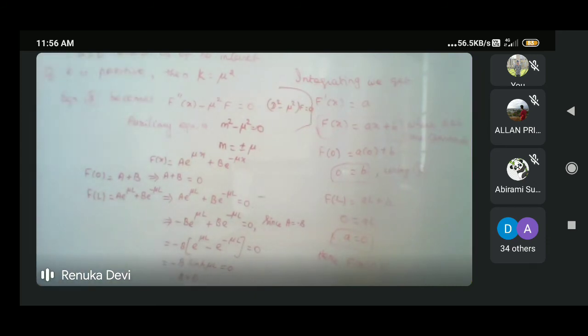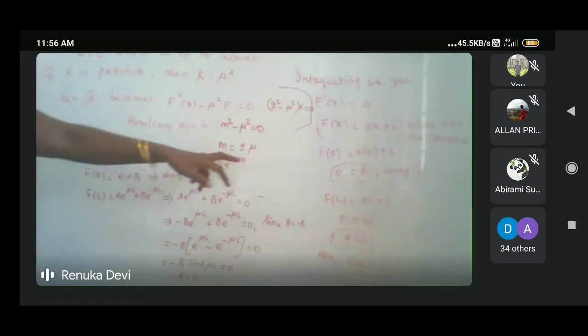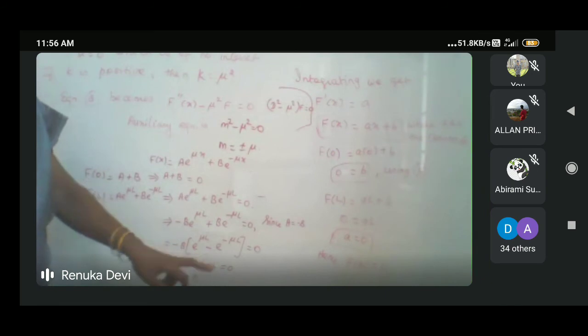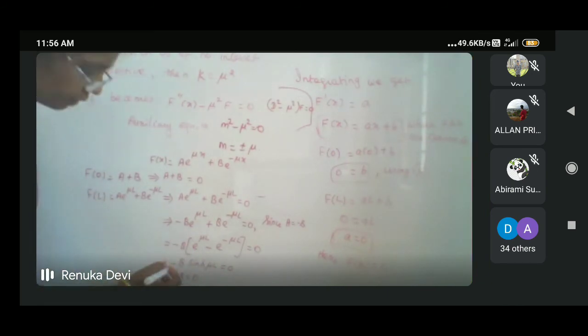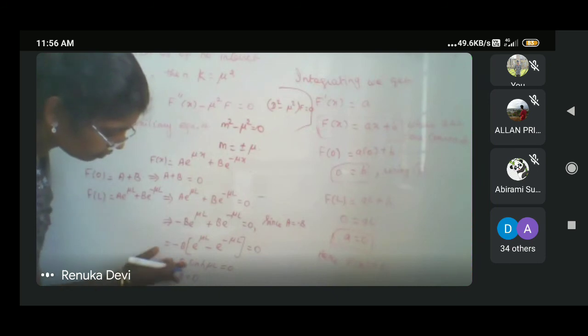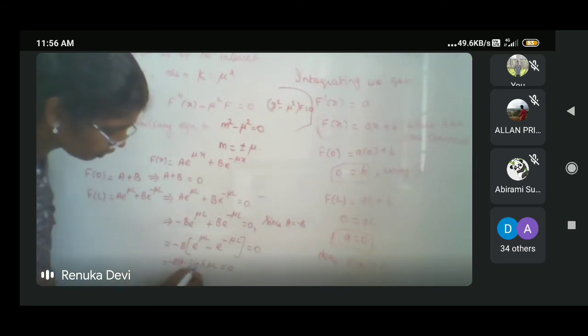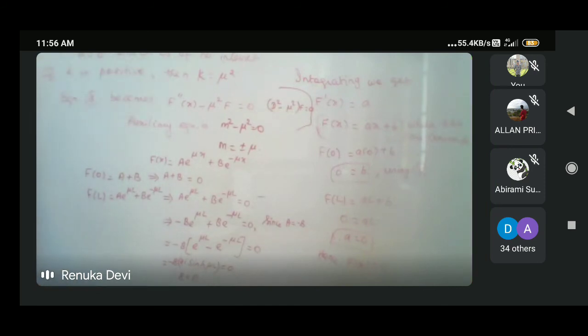And mu is a constant. This mu is not equal to 0, and L is not equal to 0. Actually, 2i will be there. This is minus b into 2i. I have already explained: e power x minus e power minus x is 2i sinh x.